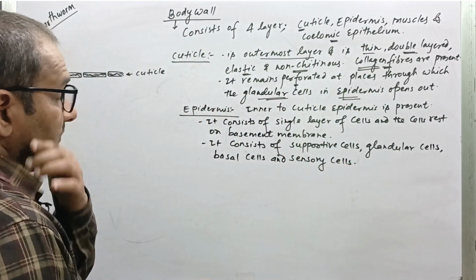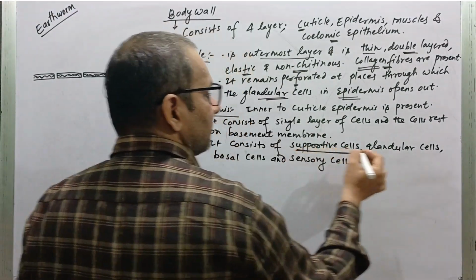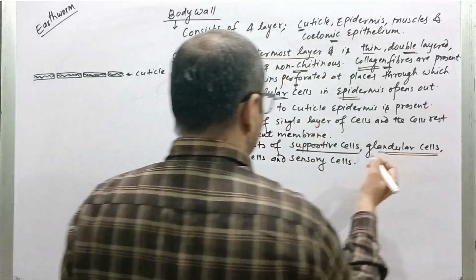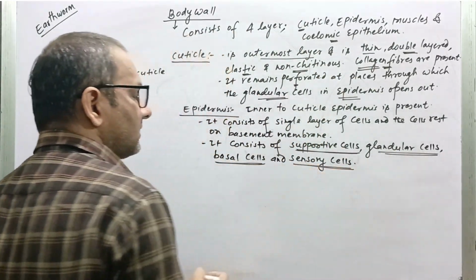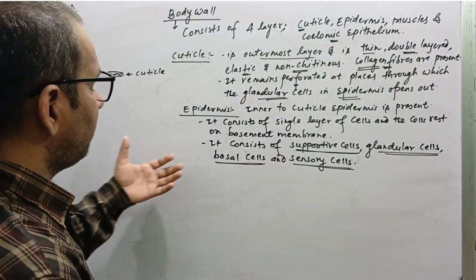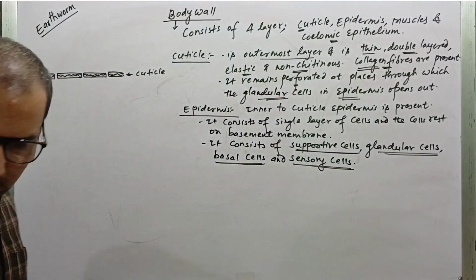So these four are the types of cell which are found in epidermis, which are supportive cells, glandular cells, basal cells, and sensory cells. Okay, let's first draw the epidermis and then we discuss about the types of the cell.